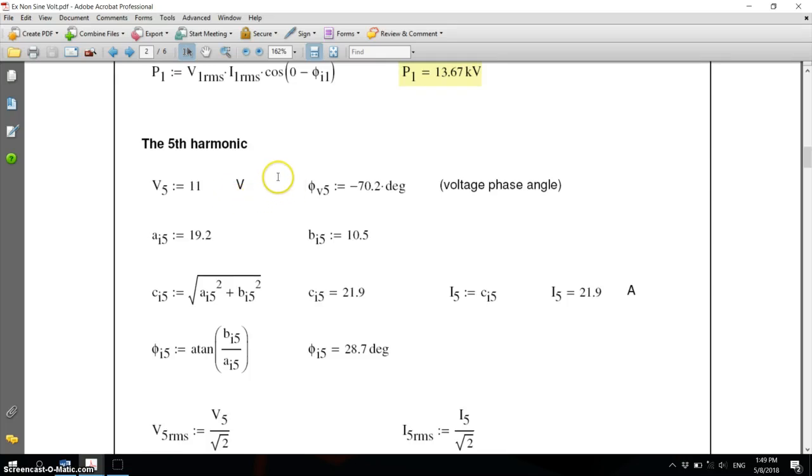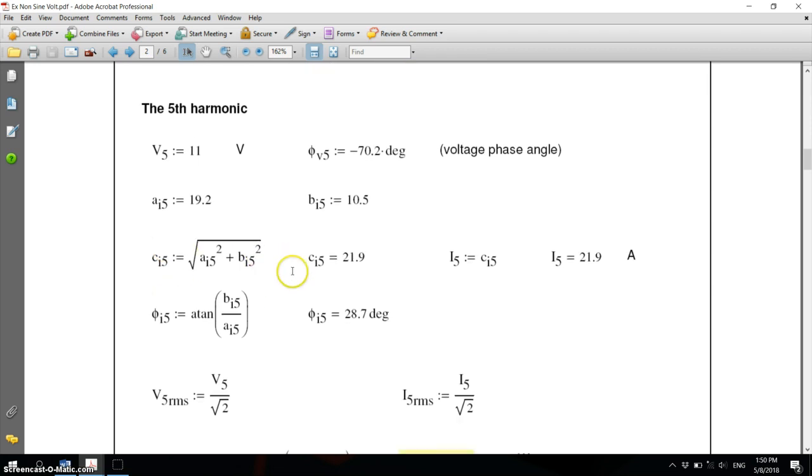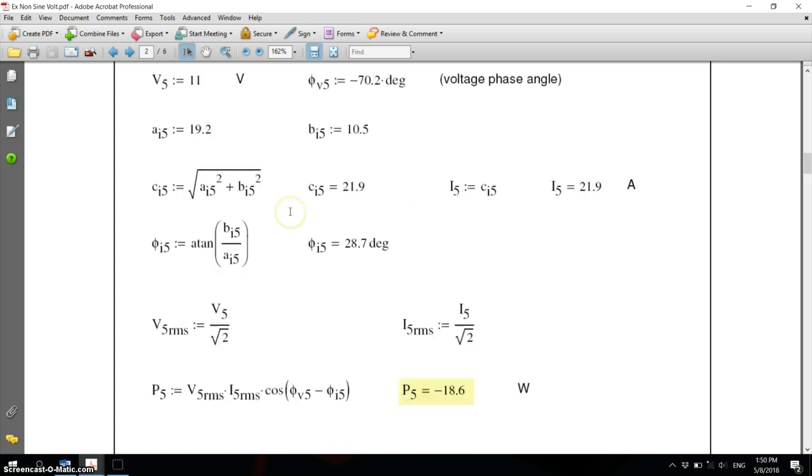Again, this is also a wrong solution in the notations here. The coefficient of A5 is actually 10.5, and the coefficient for B5 is 19.2. However, the angle is correct because the angle is inverse tangent of B5 over A5, so this gives you the correct angle at 28.7, and I5 equals 21.9.